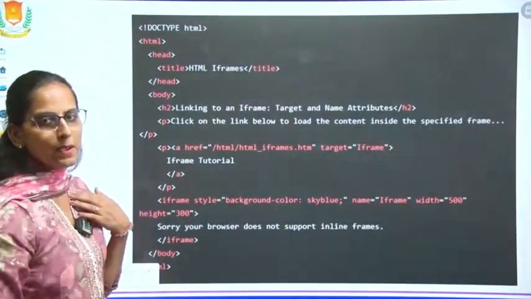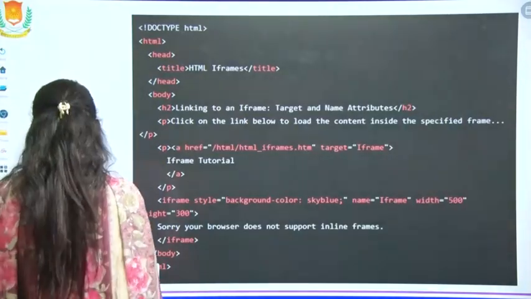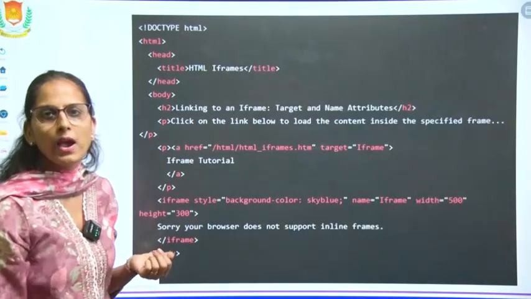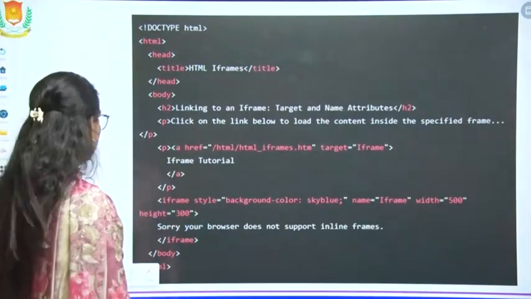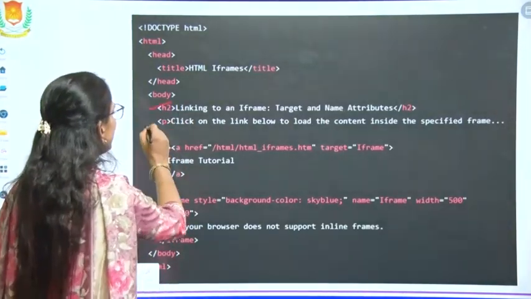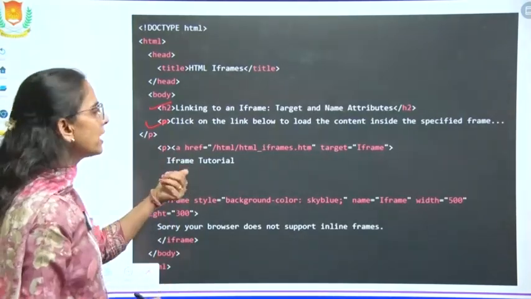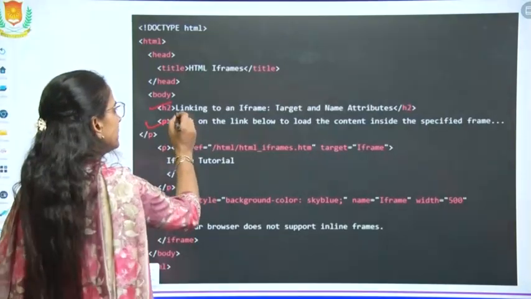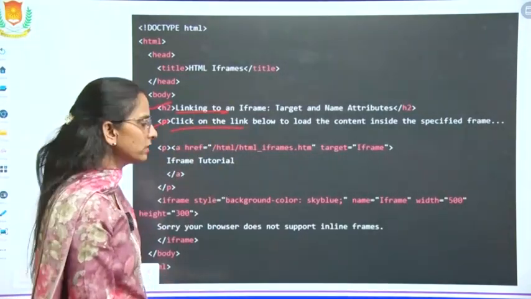Now this is the example given there. How can we create the link with the help of name and target attributes? H2 is given there, P is given there. These are the basic tags to give the heading level 2 and the paragraph. These headings will be displayed on the screen.